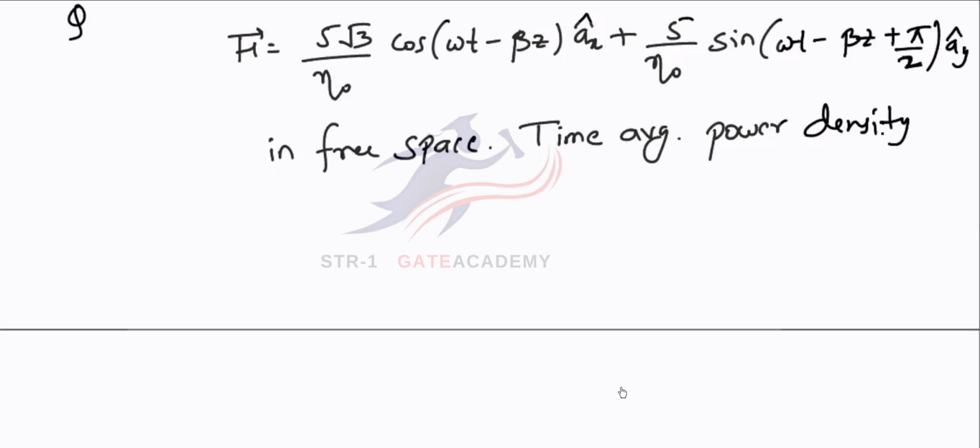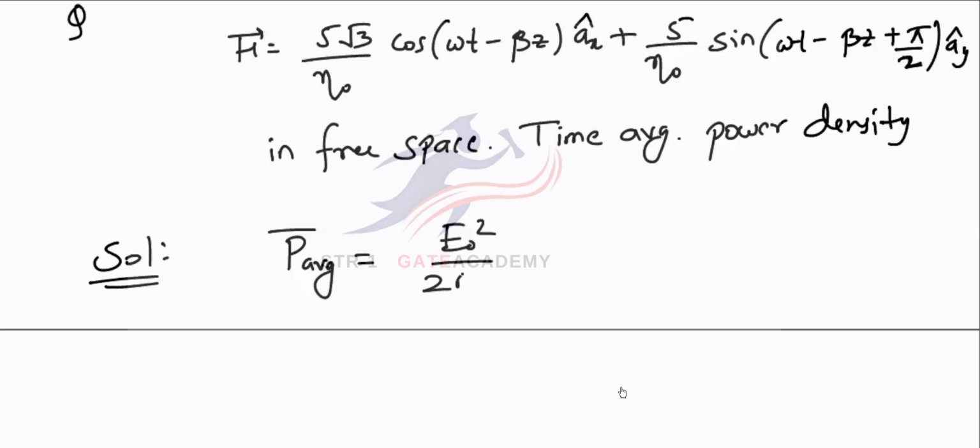Okay. So again, since the magnetic field is given, P average is E naught square divided by 2 times mod of eta, and the wave is traveling in z direction, so it is az vector.